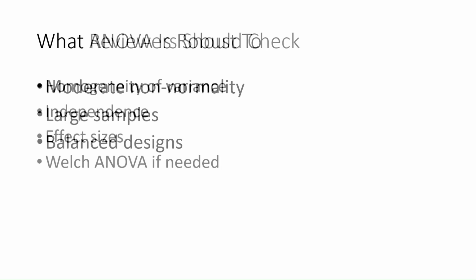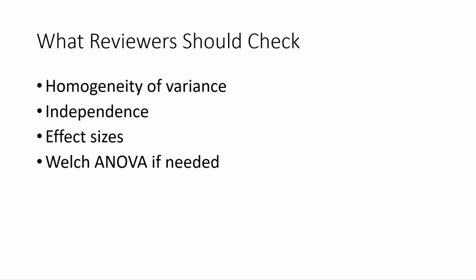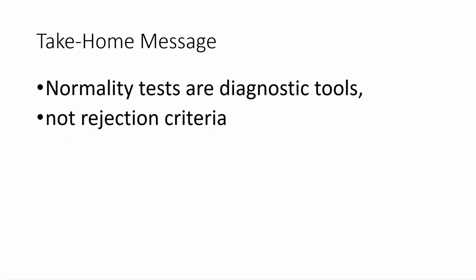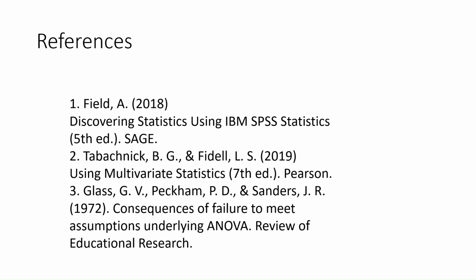Normality tests should be used as diagnostic tools, not as automatic rejection criteria. In large samples, failing a normality test is normal. Sound statistical judgment requires understanding robustness, not mechanically applying outdated rules.